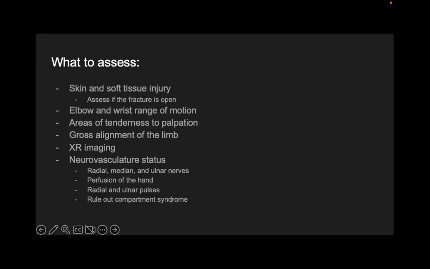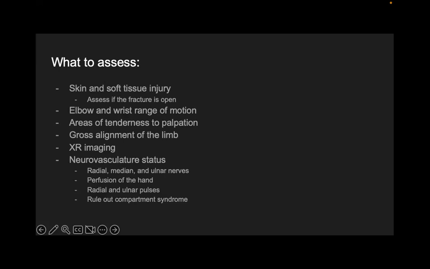Sometimes the ED will get a nice x-ray of the forearm and hand, but maybe they missed the elbow, and then you're assessing the patient, you notice some tenderness or some deformity, and then you go back and get an x-ray of the elbow, and there's maybe a dislocation or another fracture. So anytime you look at a fracture in general, the rule of thumb is look at the joint proximal and the joint distal.